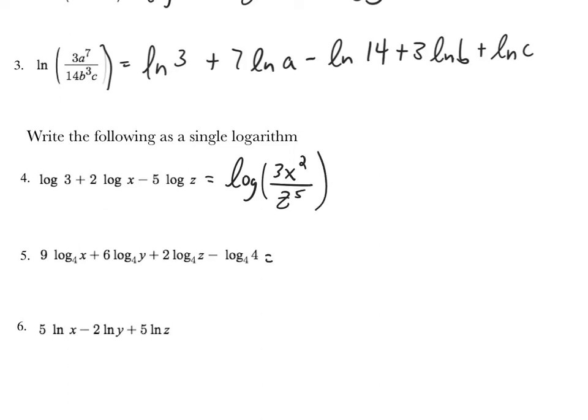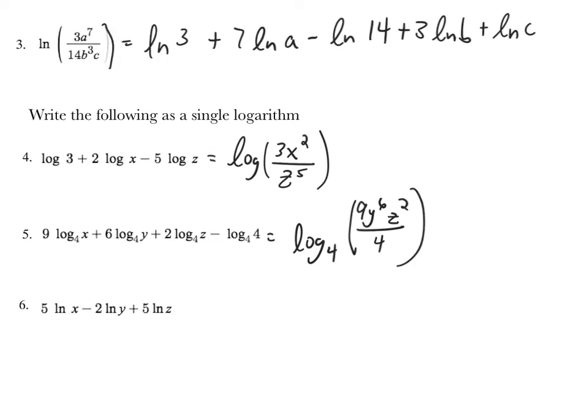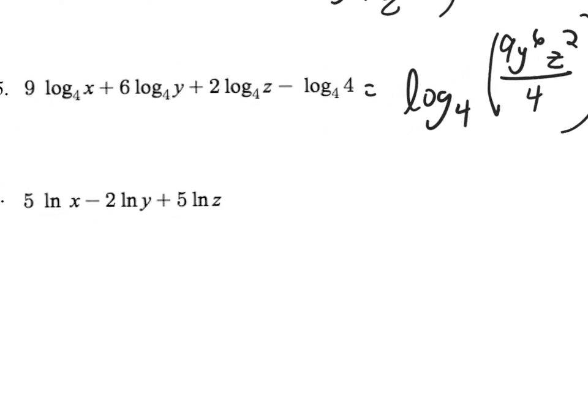The next one, log base 4 of 9 y to the 6th z squared over 4. And then the last one here, I have the natural log of x to the 5th over y squared z to the 5th.